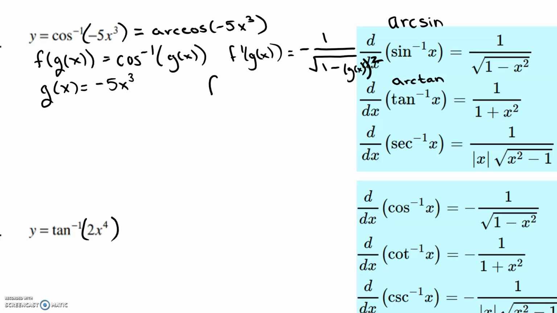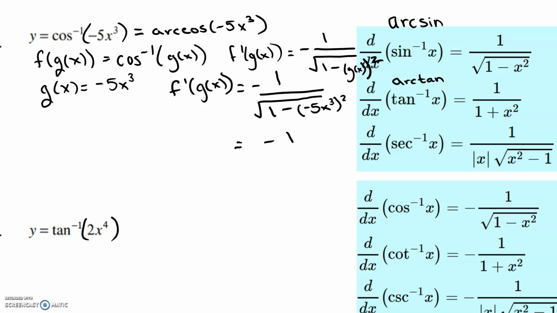All right, and we know that g of x is negative 5x cubed. So we can substitute that in, and then follow through.